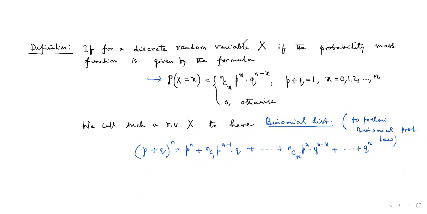Since this is the general term of the binomial theorem, this type of distribution is called the binomial distribution. And the trials, which are independent, are actually called, by a special name, Bernoulli trials.